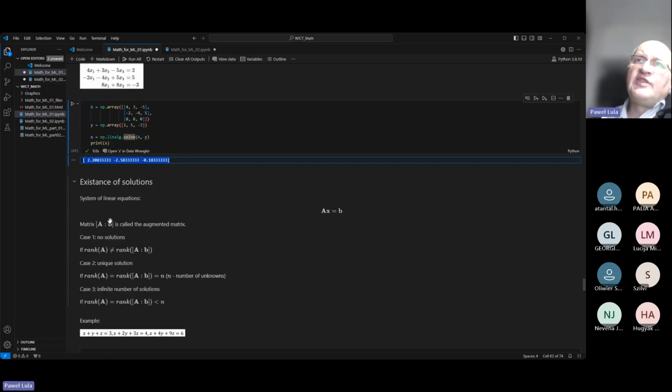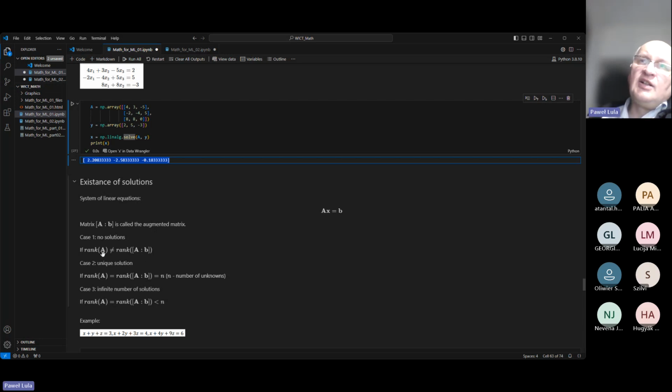We have this augmented matrix, and we can check the rank of the original matrix and the rank of this augmented matrix. And we should compare these 2 values.